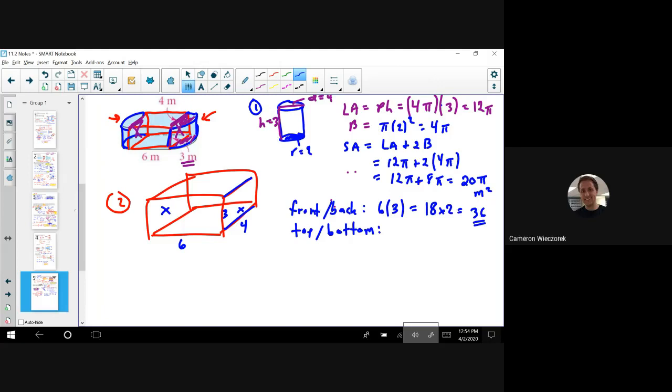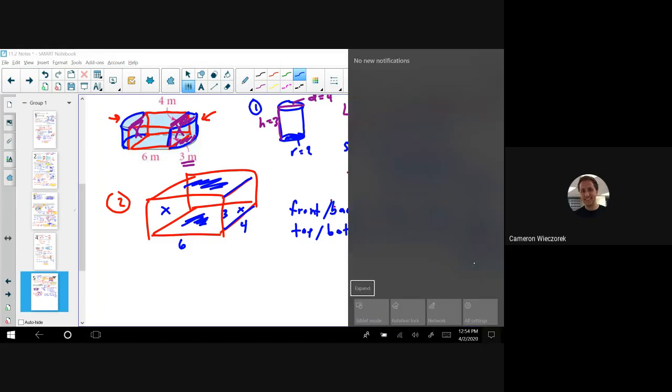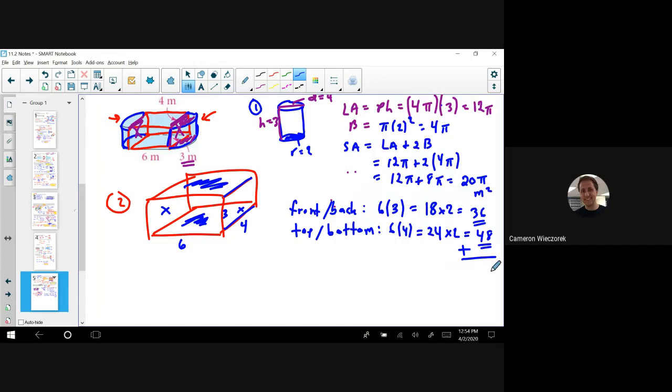So the top and bottom, this guy and this guy, those are 6 by 4. 6 times 4 would be 24, but that's just one face. You have 2 copies of it. 24 times 2 would be 48. And then I have to add all those together since I'm doing surface area. 36 plus 48 would be, oh my goodness, 84.